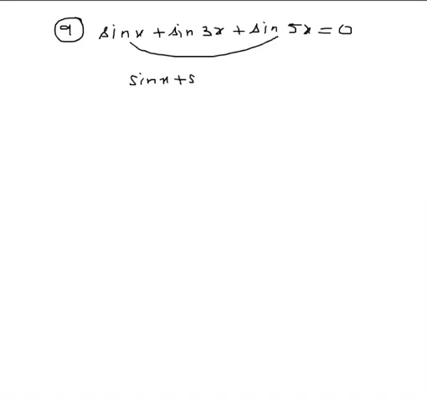Ninth question, sin x plus sin 3x plus sin 5x equals 0. Let us combine these two terms so that sin 3x will be common. We are going to use sin x plus sin y formula, which is 2, both are sin here and plus sign, so sin first and then cos.